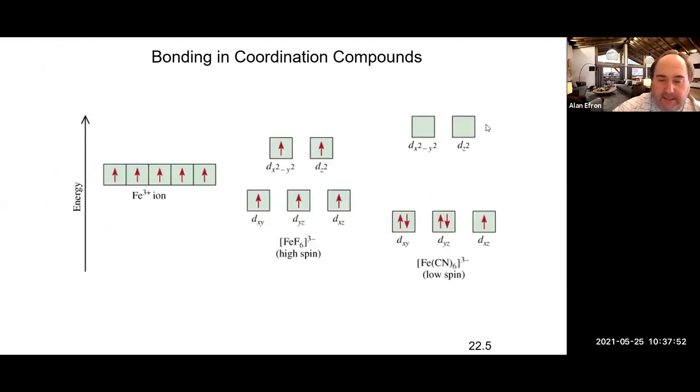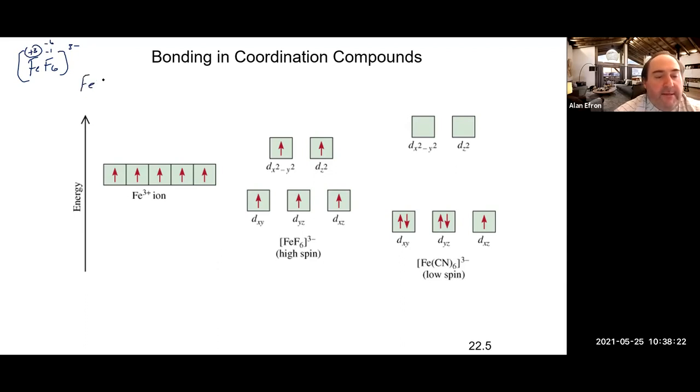All right, so let's take a look at one here, these two here, and see what we got going on. So if we look at this FeF6 complex ion, first off, if we look at the iron, for FeF6 with a 3- charge, this is -1, times 6, this is +3. So the oxidation number of iron is +3.